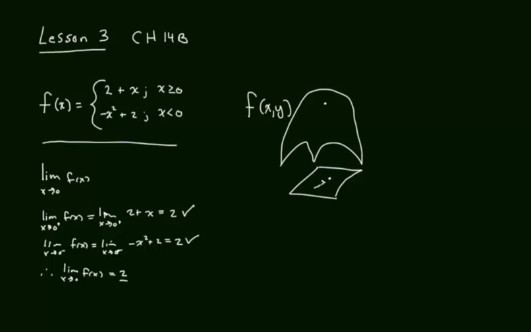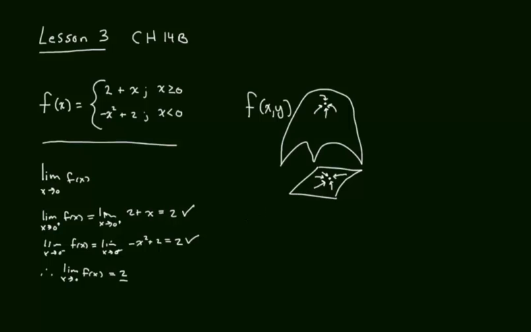So we might approach from this angle, this angle, and this angle. And if all those are approaching the same value, essentially we're approaching this point here, if every path that I take towards the point leads to the same value, then the limit also exists.